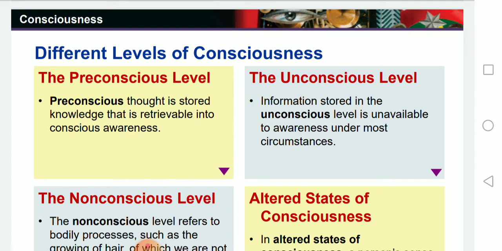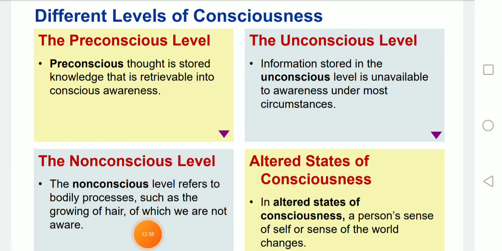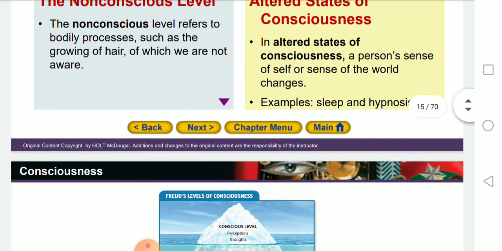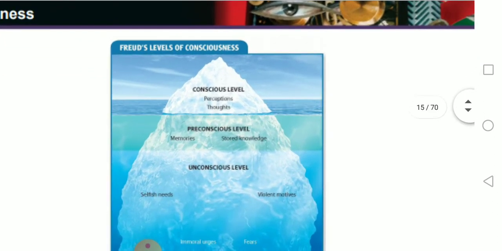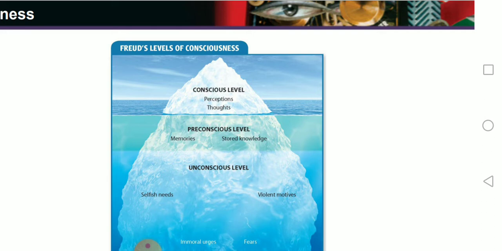So, when I talk about the pre-conscious, what's the stored knowledge here in my mind? This is like the memories and the stored knowledge in our minds. Okay, so this is the pre-conscious level.